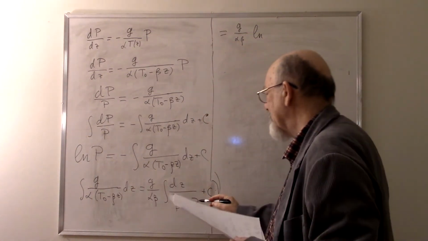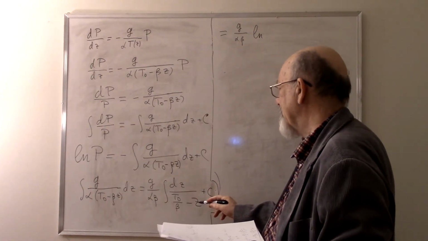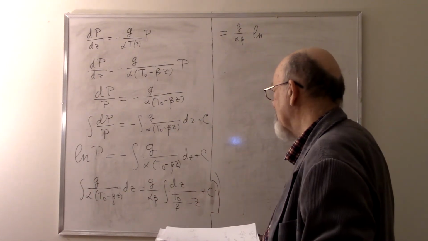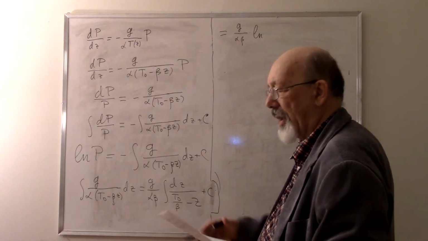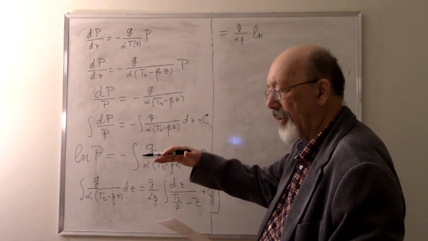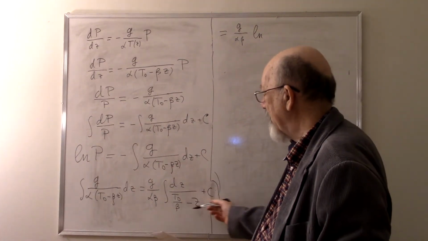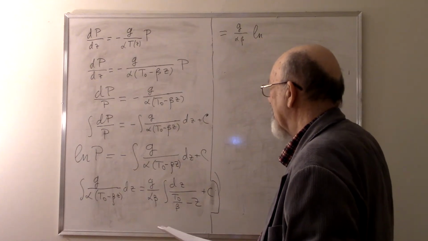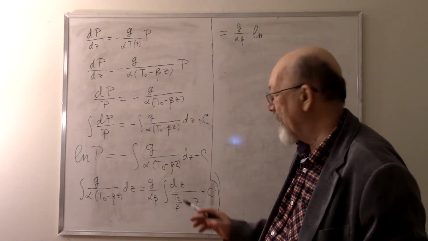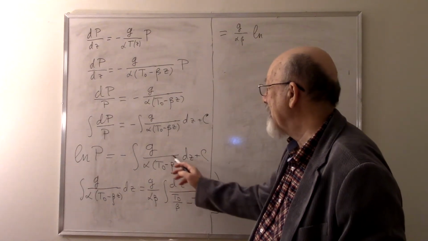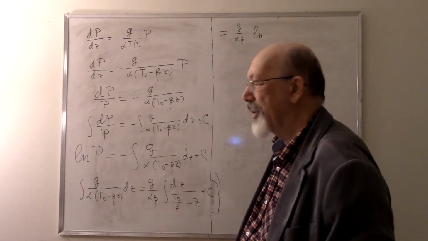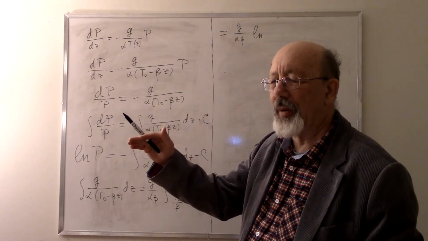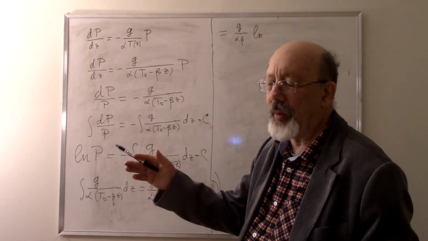But you see, at z equals 0 the denominator is positive, and we have to move in the domain where it stays positive. This is the temperature at height, and I assume that the temperature is always above absolute zero, otherwise it makes no sense.